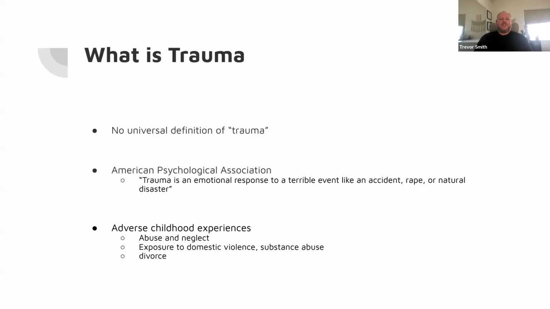So some things to take into account when working with children is to identify, has there been trauma from abuse or neglect in their homes? Have they been exposed to domestic violence or substance abuse from a primary caregiver? Or have they experienced divorce? So these situations in some way fall under the definition from the APA, but they're a bit more specific, and they can help us guide therapy and interventions.